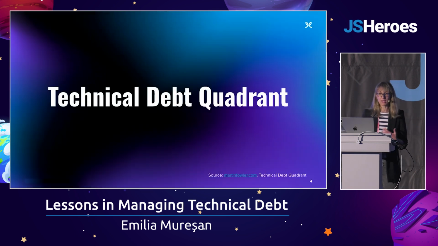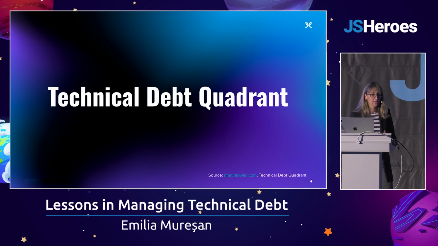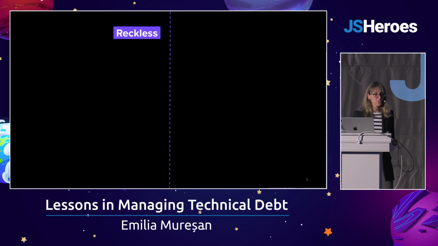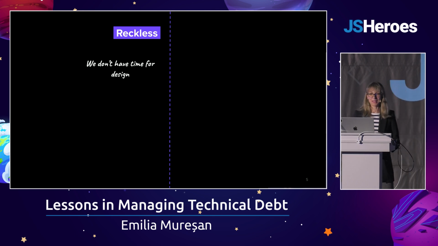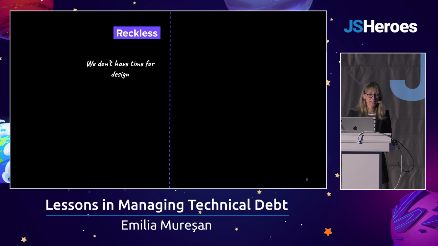Another framework that we can use to analyze technical debt is also created by Mr. Fowler, which is the technical debt quadrant. So let's look at the types of debt that are possible. The first one is reckless debt, where the development team knowingly skips design discussions or tests to meet tight deadlines.